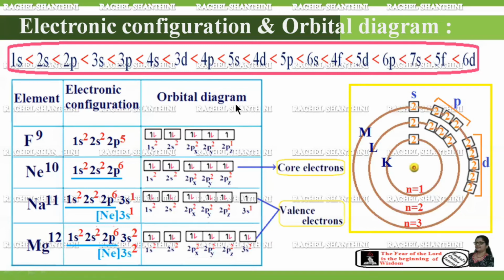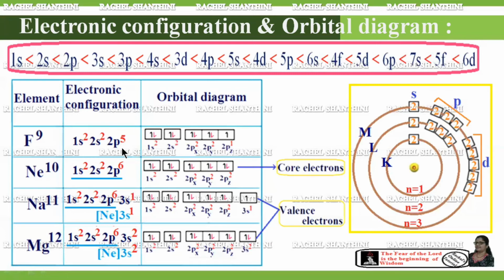Coming to the orbital diagram, we know that we have to draw rectangular boxes for each and every suborbital. So we have drawn boxes over here. For the number of electrons, we have drawn one upward and one downward arrow mark for 1s and 2s, which represents the opposite spins of electrons present in 1s and 2s.